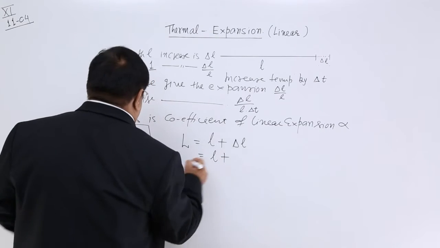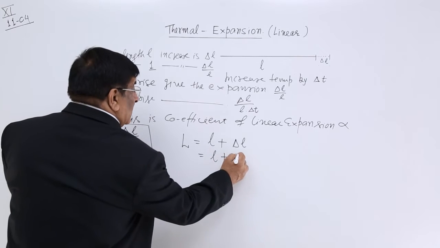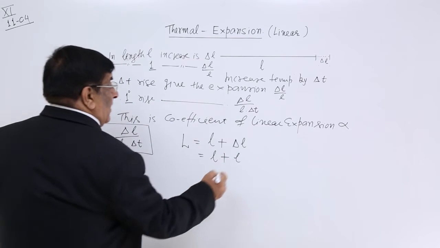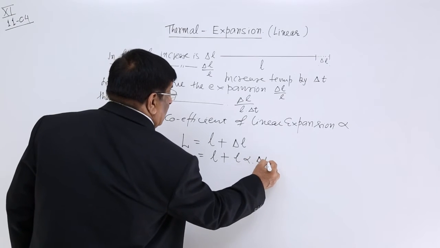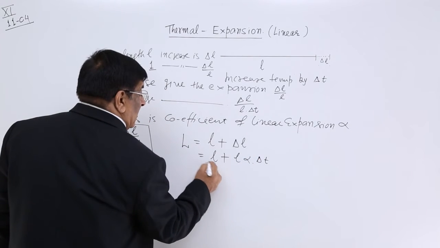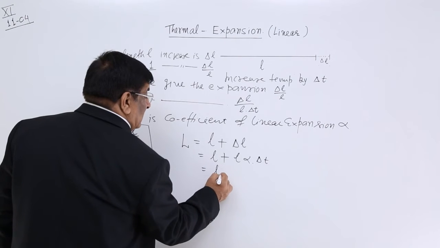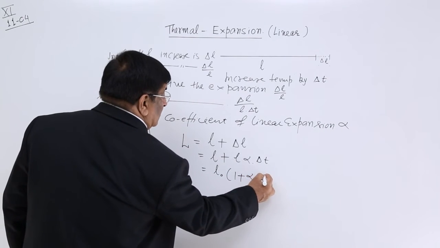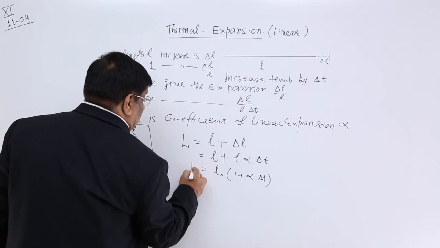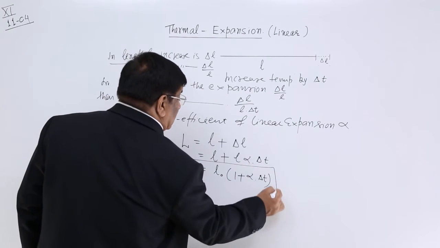This is L plus L into alpha into delta T. So this we can write as original length L naught into 1 plus alpha into delta T. This is the new length at temperature T.